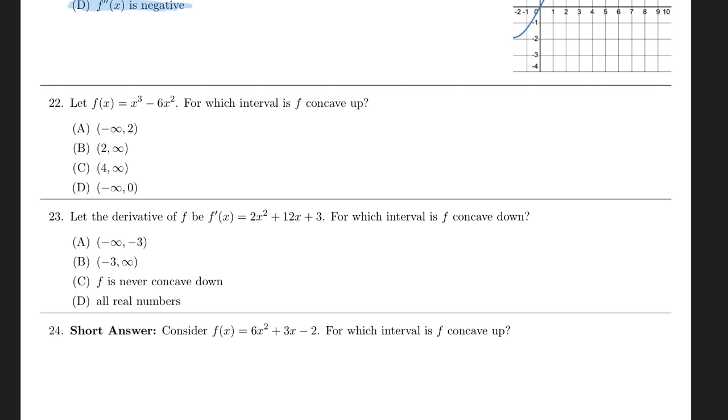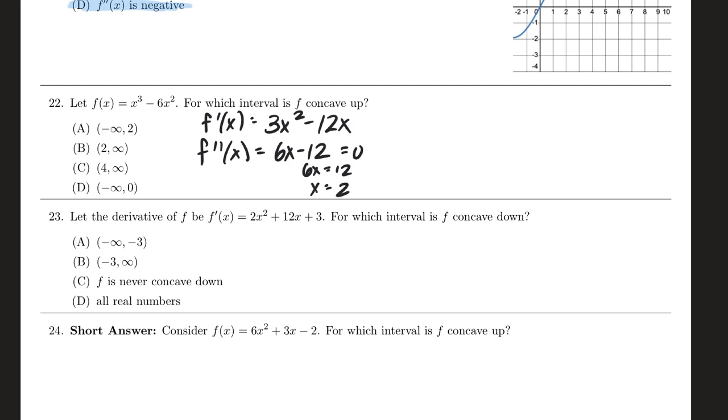For 22, we're trying to find the intervals where something is concave up. These are just like the increasing, decreasing problems we did. The only difference is you take the second derivative instead of the first derivative. So I take the first derivative, and I take the derivative of that, 6x minus 12. Then we make our number line, so we set it equal to 0. We get x equals 2. So our number line just has 2 on it.